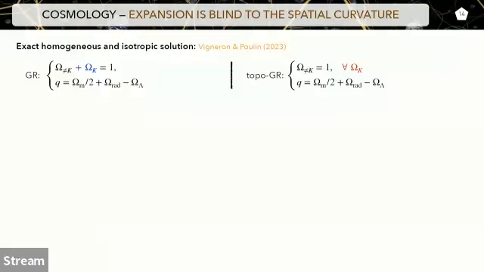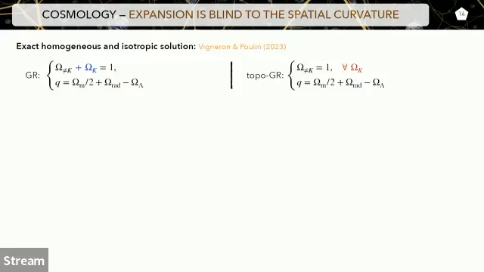In this case, the expansion laws are the same regardless of the value of the spatial curvature. What this means is that in this theory, the expansion law is always this one for all curvature. The expansion is always the same regardless of the curvature of our universe.